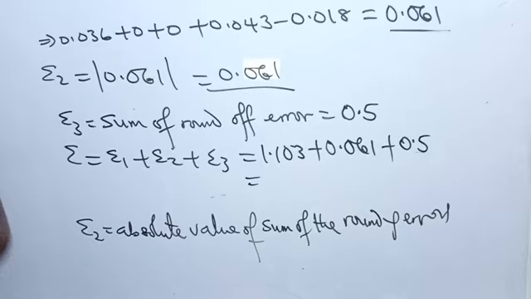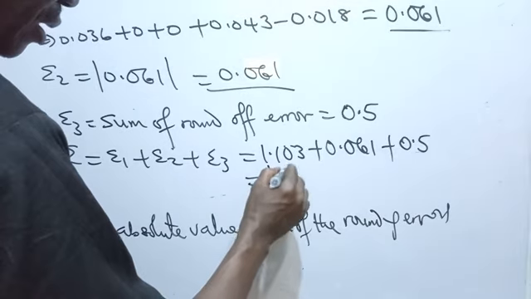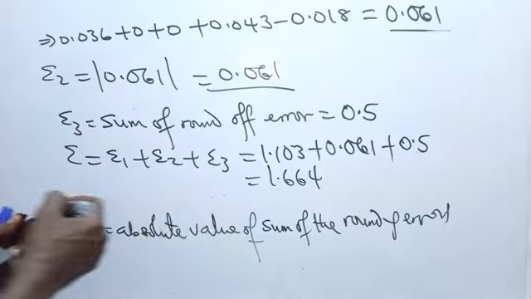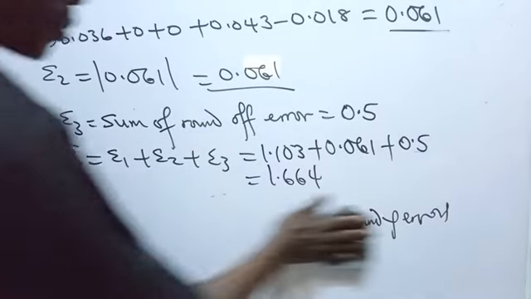Let's add that together and check what we're going to have. 1.103 and 0.061 and 0.5 gives 1.664. So we are going to get 1.664.